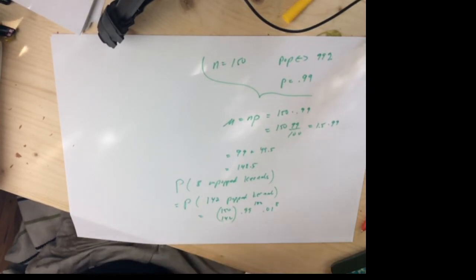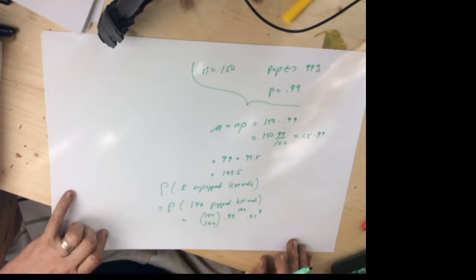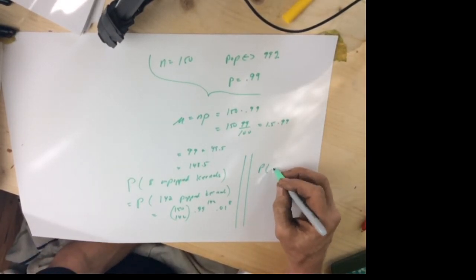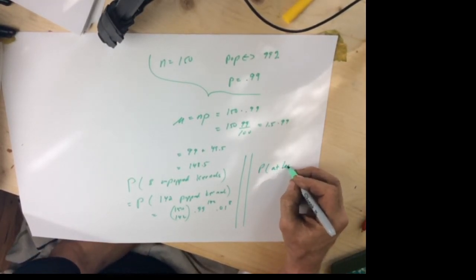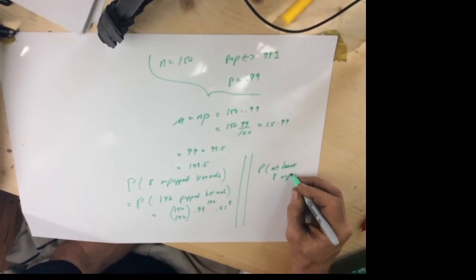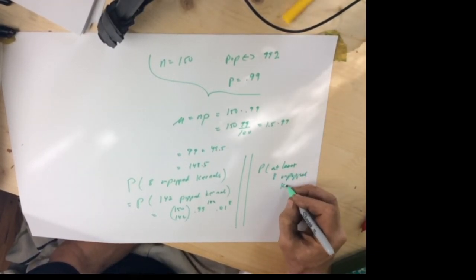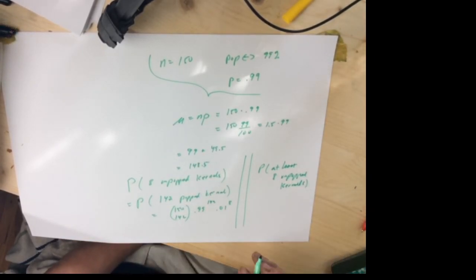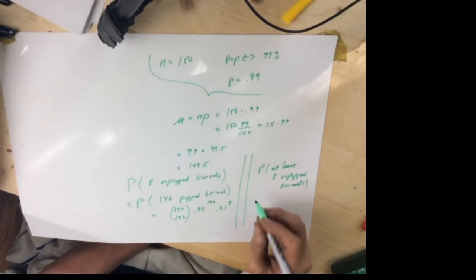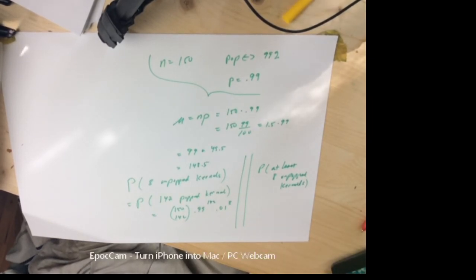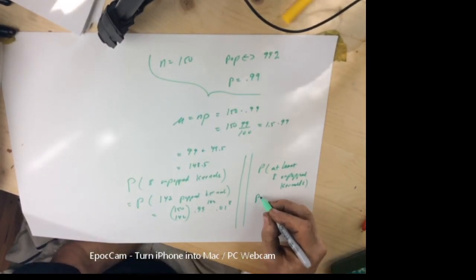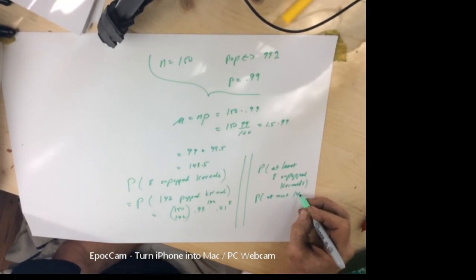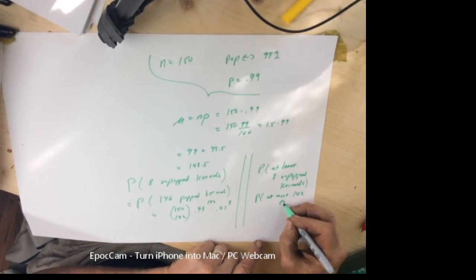Now, I don't like doing those numbers. I like looking them up. But I want to follow this up with another question. What's the probability that we have at least 8 unpopped kernels? What are we going to do with that one? Well, at least 8 unpopped. Well, how about that? The probability of at most 142 popped.